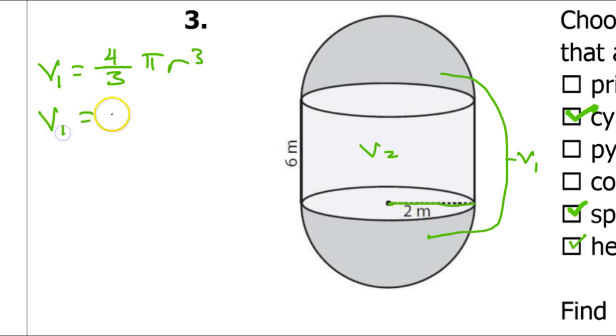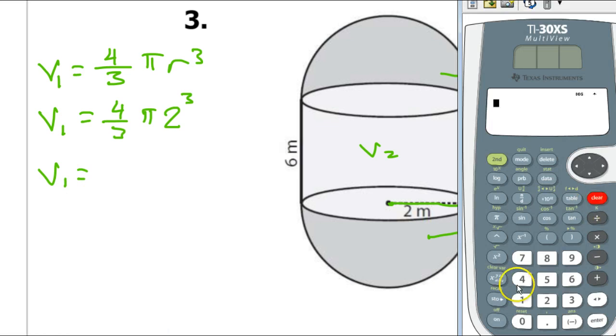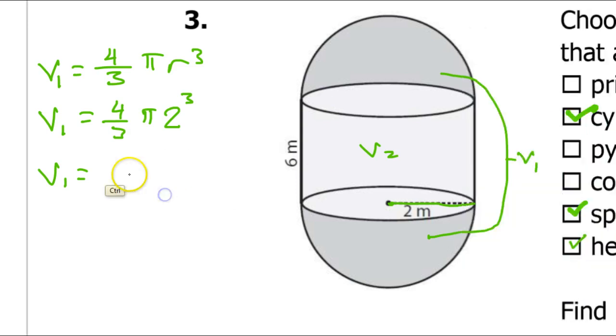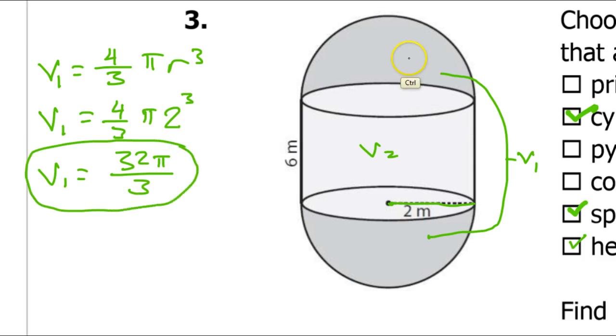So volume 1 becomes 4/3 pi times 2 cubed. So that's 32 pi over 3. That's volume 1, both halves of a sphere put together as a single sphere.